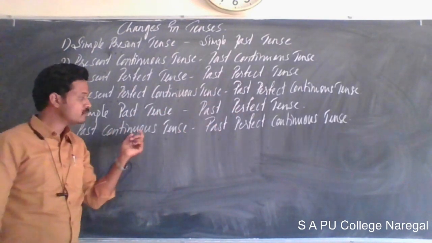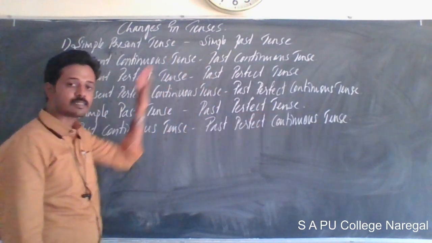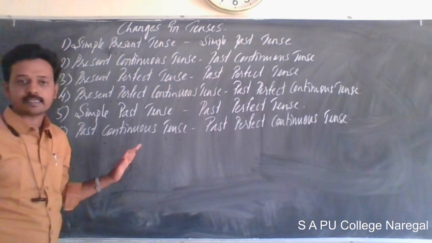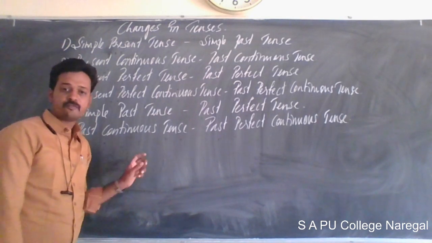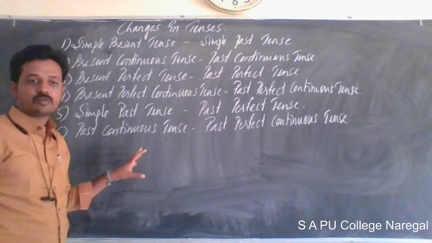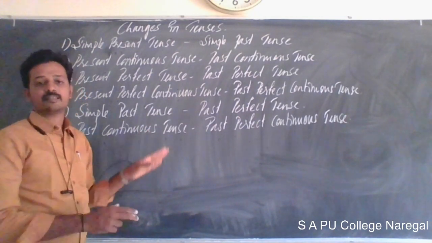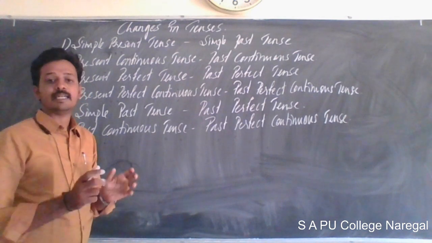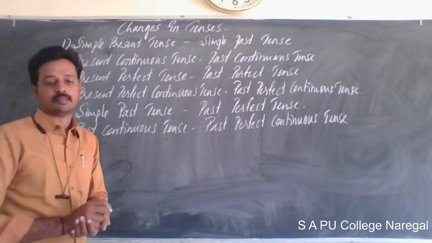Past continuous tense to past perfect continuous tense. These are the 6 changes of tenses while converting a direct sentence to indirect sentence. But remember one thing, if the sentence belongs to habitual actions or universal truth or any historical or geographical fact, the tense structure of the sentence remains the same.